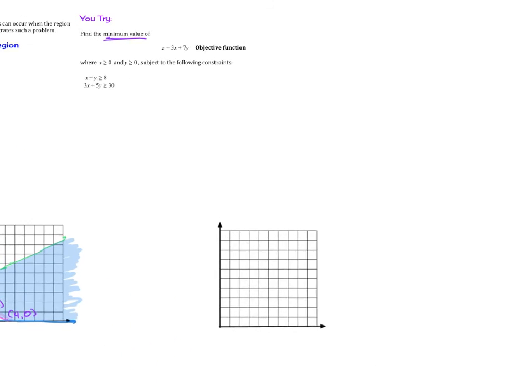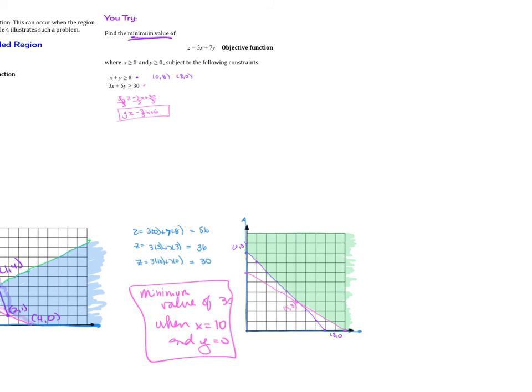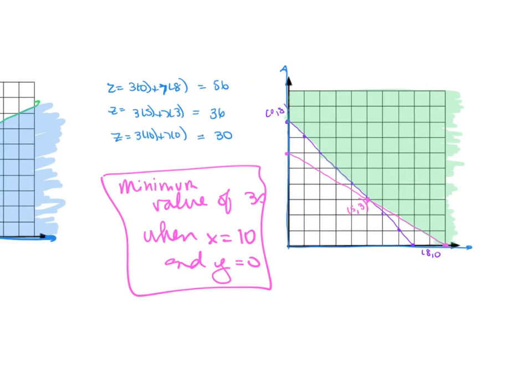Try this example here. Okay, so trying this out, you should have gotten this graph. I figured out the x and y intercepts for my first one. The purple line is (0, 8) and (8, 0). And then the pink line here, I graphed it. The y-intercept is 6, and I used a slope of -3/5.